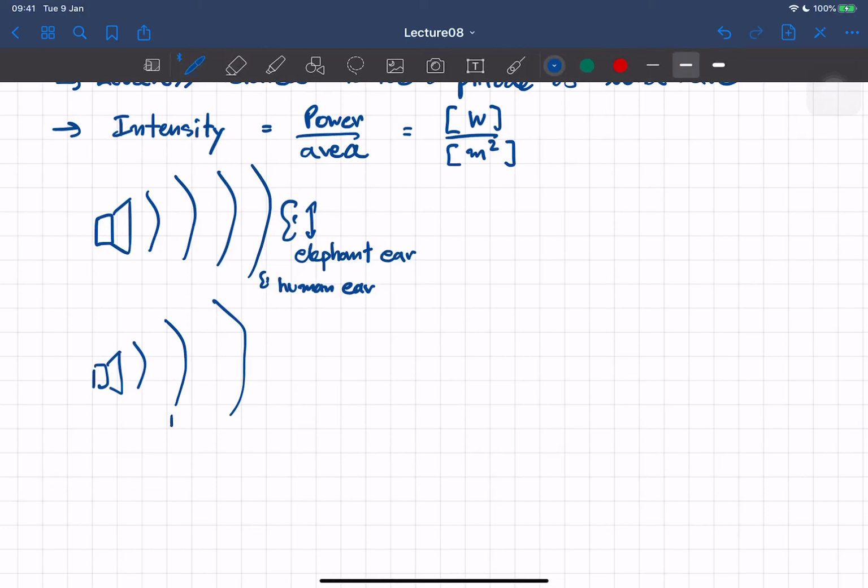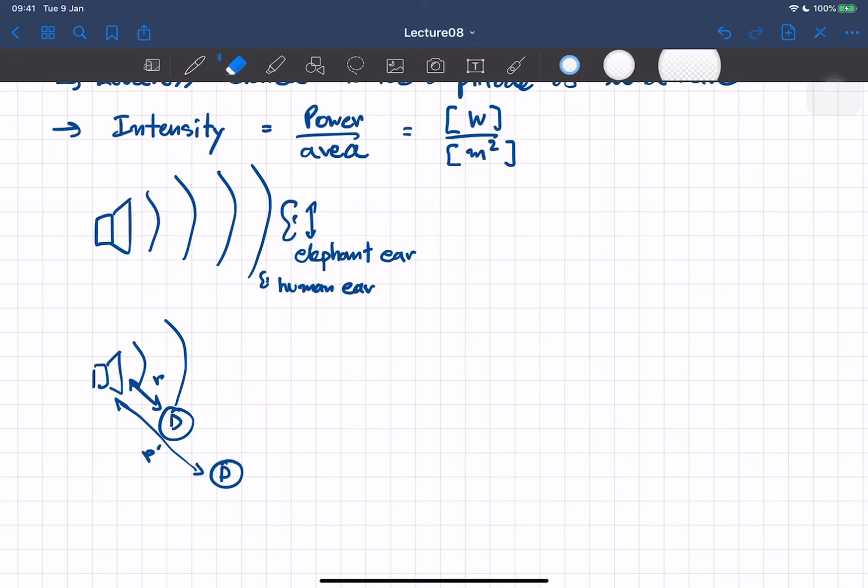I'll just put the letter D here as the detector, and let's say the distance is R. And then sometime later you step back so that you increase the distance to be another R, so R prime, something like this. So everyone knows that you're going to hear the sound a little bit softer, right? The loudness is not going to be as loud because you are further away from the source. So how does this dependence on the distance come in?